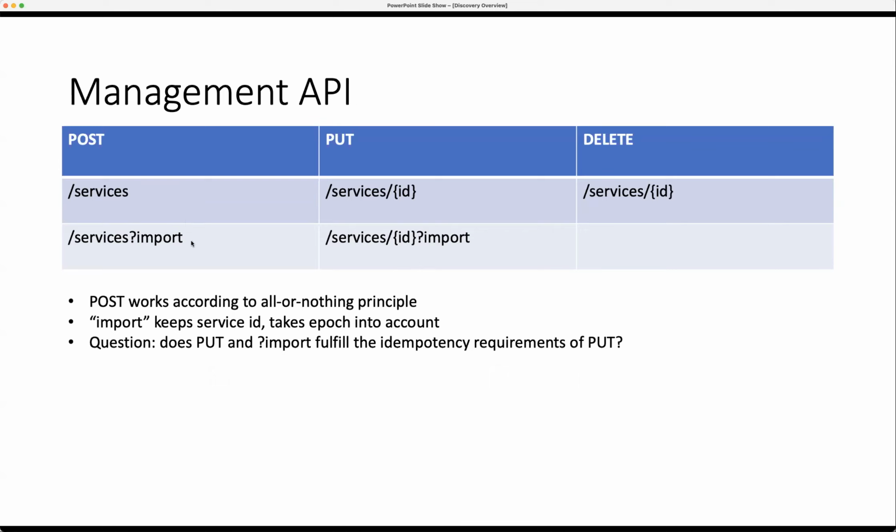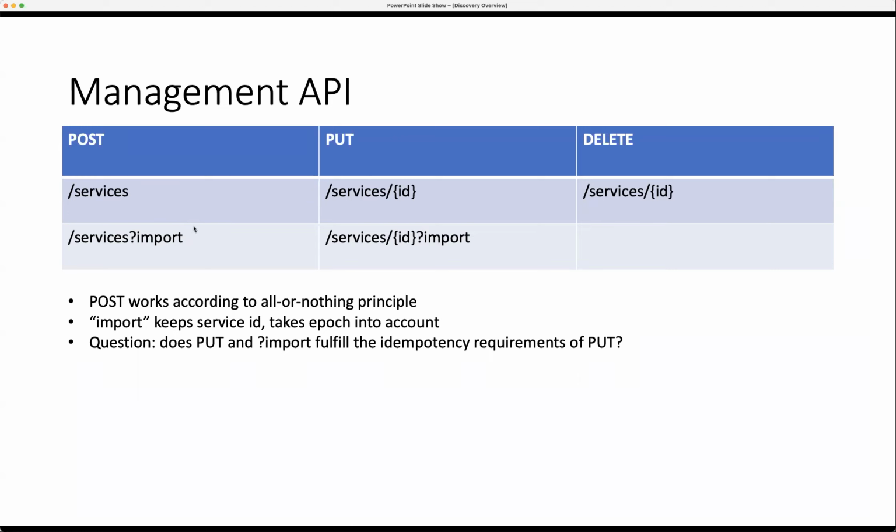In contrast to this, if you use the import variant, then you can also provide an epoch value and an ID, and it's taken into account. So this is meant for replication scenarios where one server would replicate its data to another one.